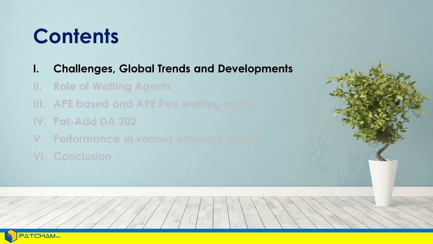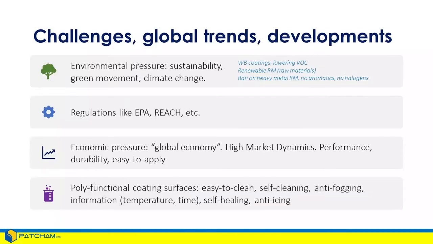So starting from topic number one, the environmental pressures, the push from our consumers to greater sustainability, movement away from petrochemical-based raw materials to more bio-based, and the impact of the raw materials that we use in the industry on our environment, such as climate change.